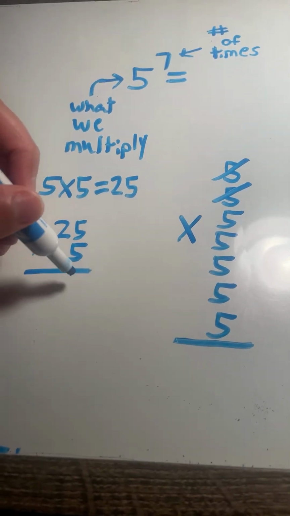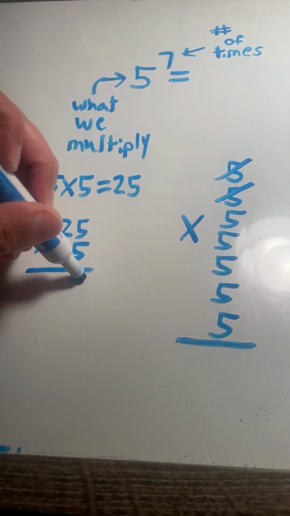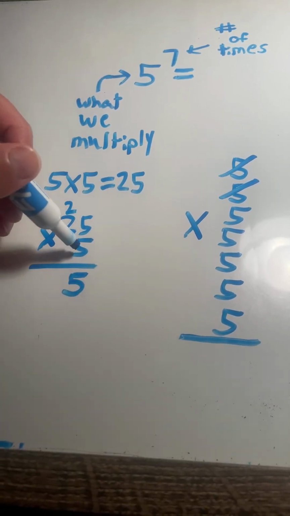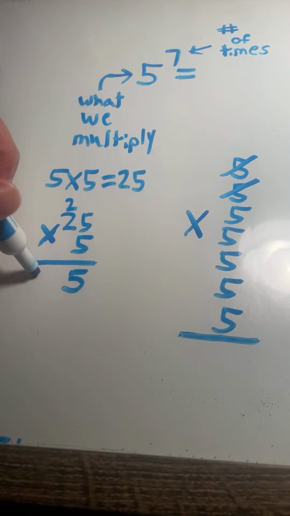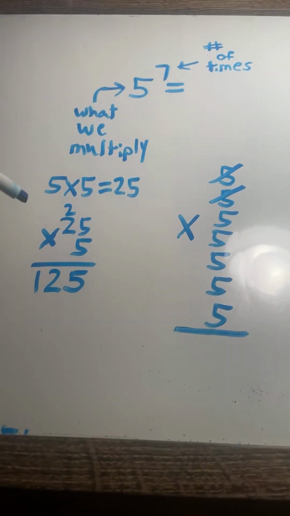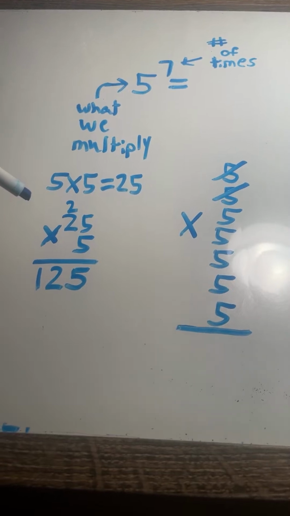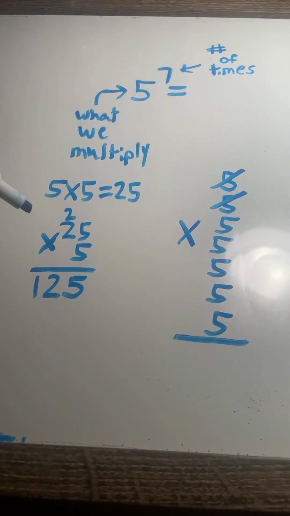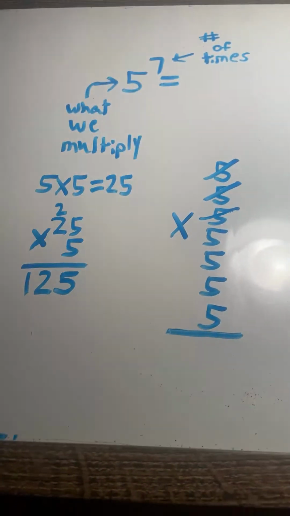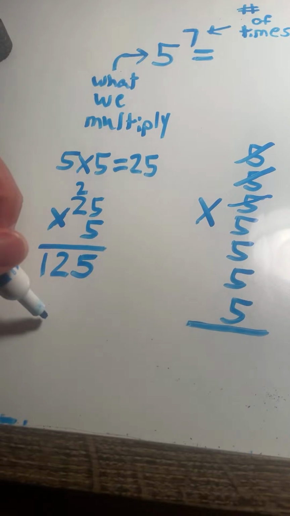So 5 times 5 equals 25. 5 carry the 2. 2 times 5 equals 10, plus 2 equals 12. So 25 times 5 equals 125. So far we have multiplied the number 5 3 times. We have to keep going.